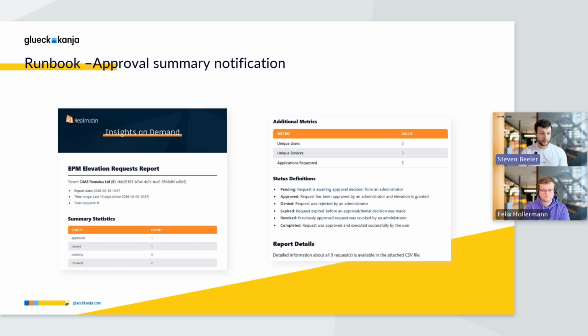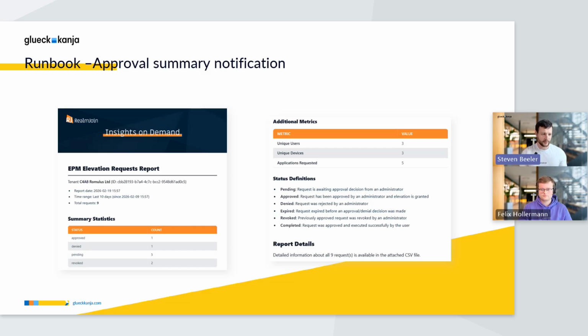And we also have a summary notification. This is great to make your IT manager happy. This is just a summary of everything that happened in terms of EPM on your tenant. You can schedule this to run once a day, once a week, once a month, whatever suits you best.